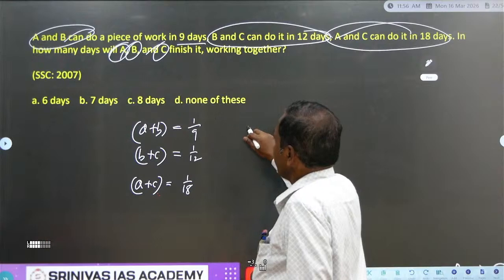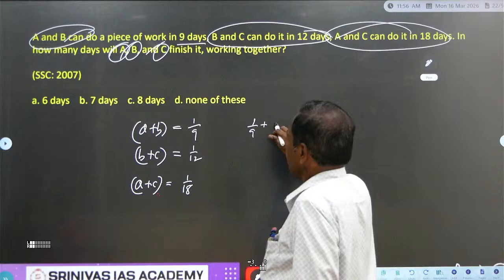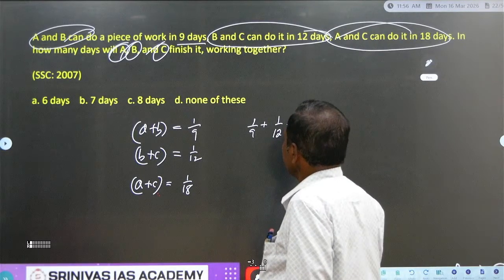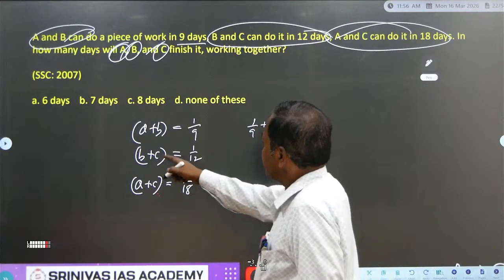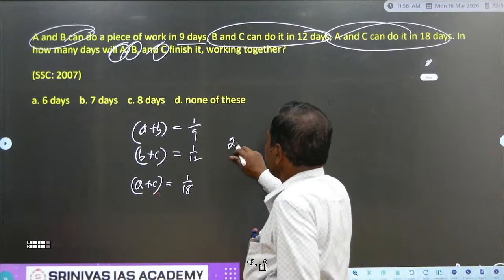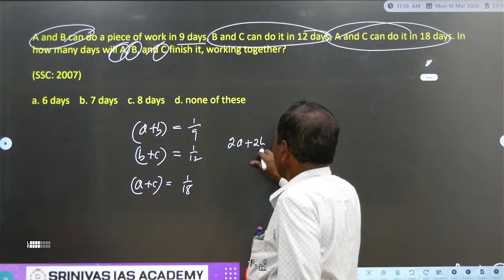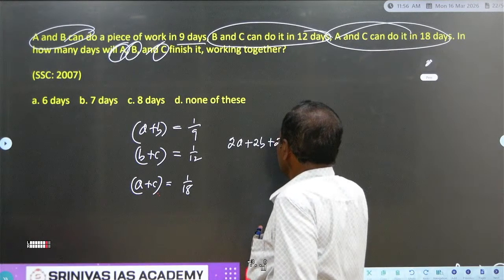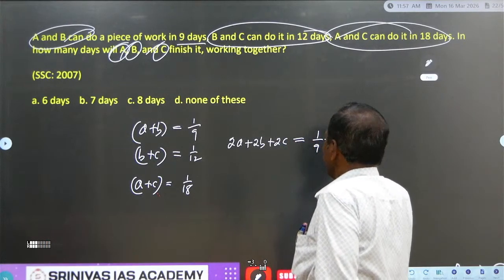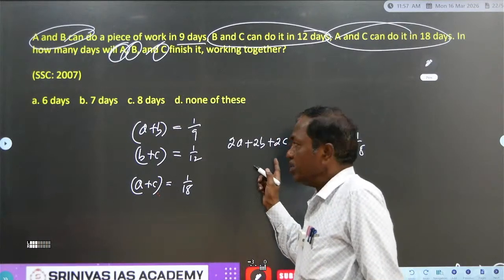Now we can take 1 by 9 plus 1 by 12 plus 1 by 18. How many A's are there? We are supposed to write 2A plus 2B plus 2C equal to 1 by 9 plus 1 by 12 plus 1 by 18, because 2 is common everywhere.